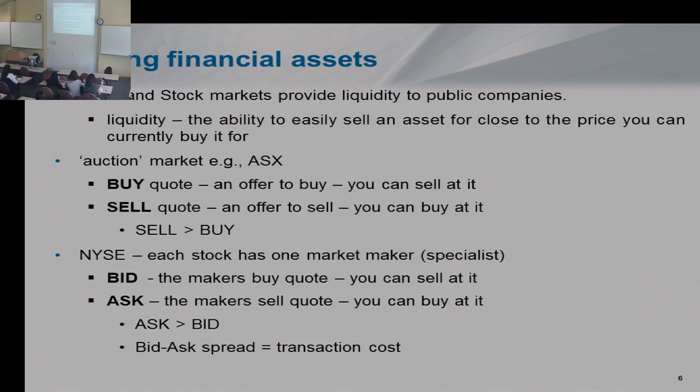That bid-ask spread becomes quite important as a measure of uncertainty. Not in this course, but when you study investments, we'll see that the size of the bid-ask spread conveys information. The less that is known about the company, the more information asymmetry there is, the bigger the bid-ask spread.